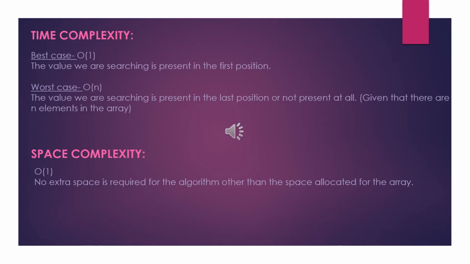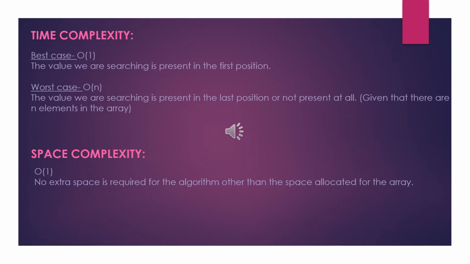Now let us take a look at the time complexity and space complexity of linear search. Linear search is a very simple searching algorithm. When we talk about time complexity, the best case is when we find the value at the very first position. In that case, it is big O of 1. The worst case is when the value we are searching for is present in the last position or is not present at all in the array.